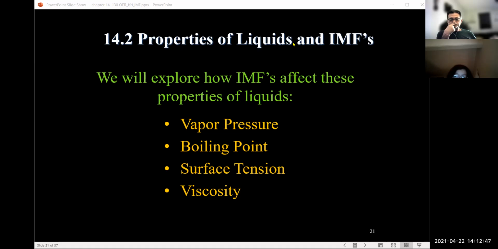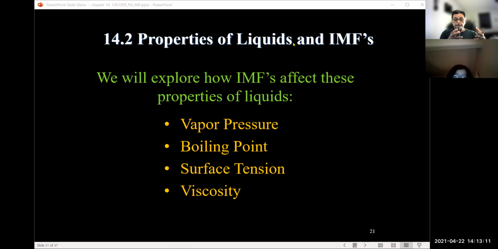And viscosity, okay? Viscosity is basically a measure of how thick a solution is, or really, technically, the resistance to flow. A classic example would be water versus honey.